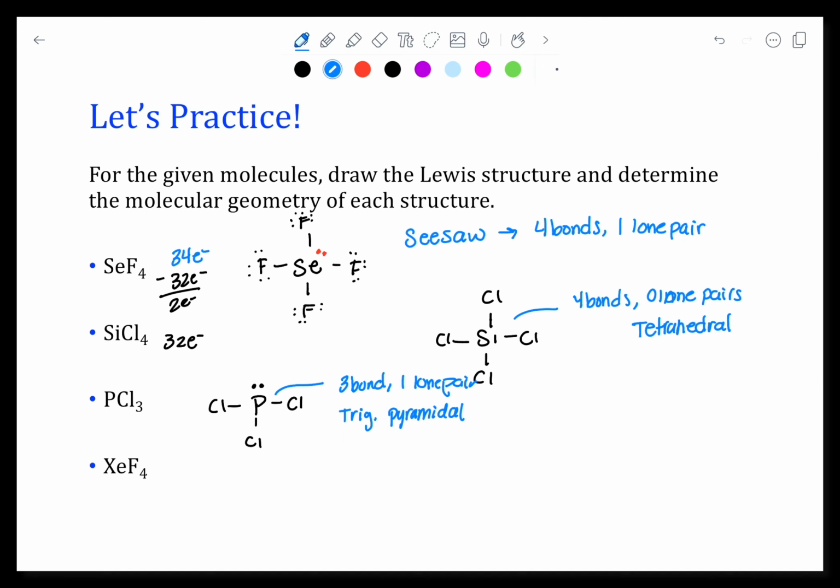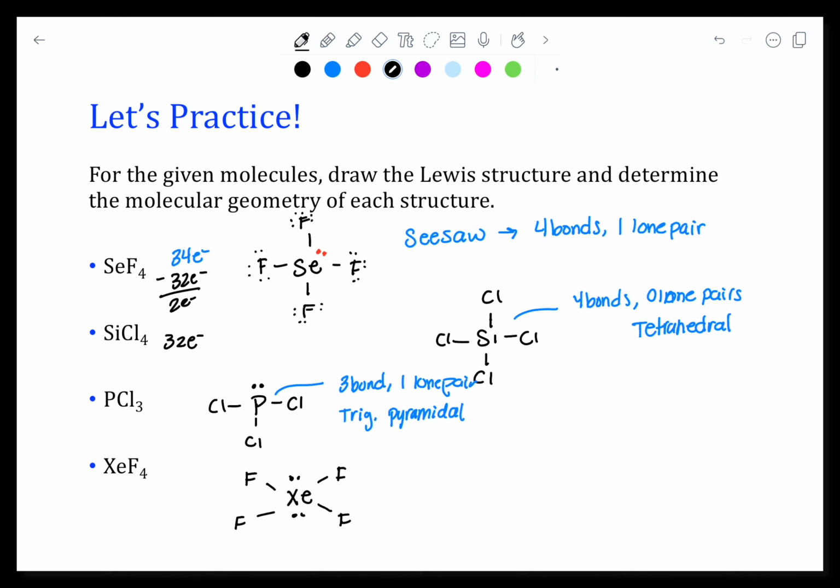Okay, and then we have XeF4. So this one, lone pairs matter. We have Xe. I'm going to try to draw this as dimensional as I can. Okay, then we have 2 lone pairs on the xenon. Did you get the 2 lone pairs on that xenon from your count?